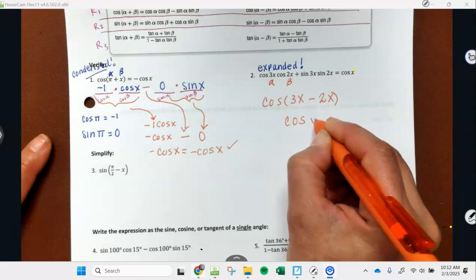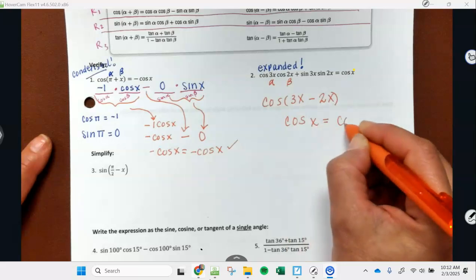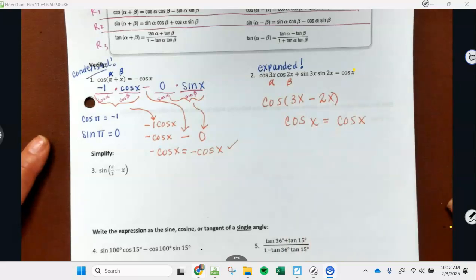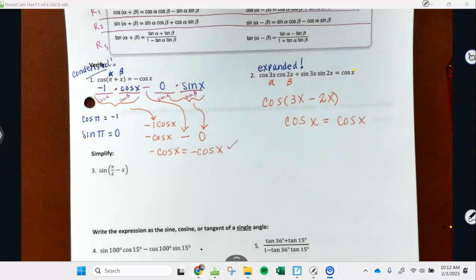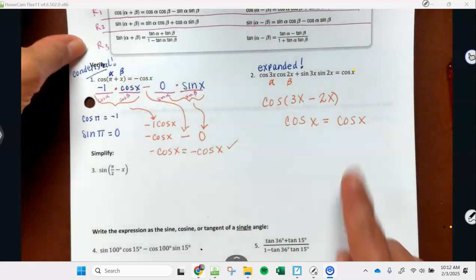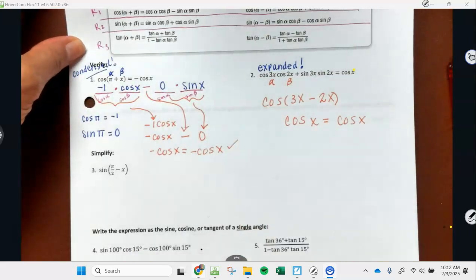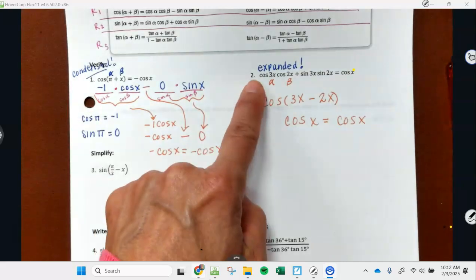So this is going to be cosine x, and that already equals cosine x. So listen, when it comes to putting it in condensed form, it is so straightforward. Don't overcomplicate it. If you're going to condensed form, it's very straightforward. That's it. Just put them together. Any questions on number 2?